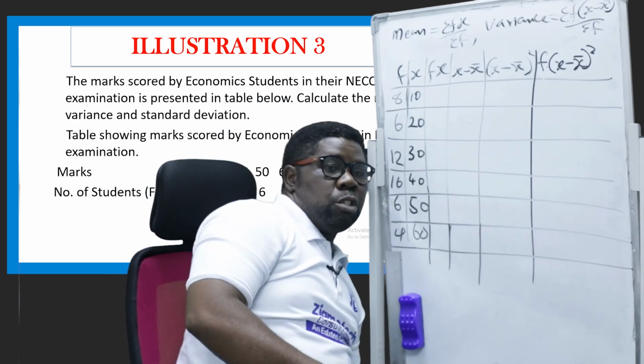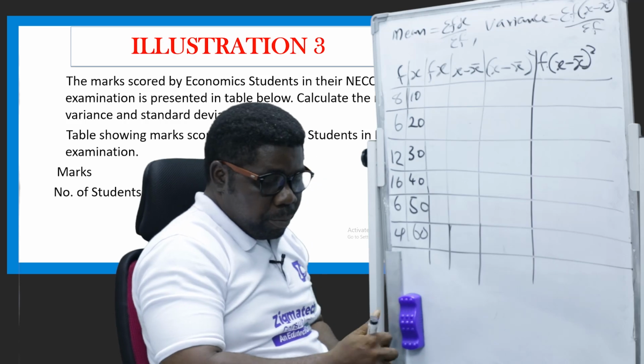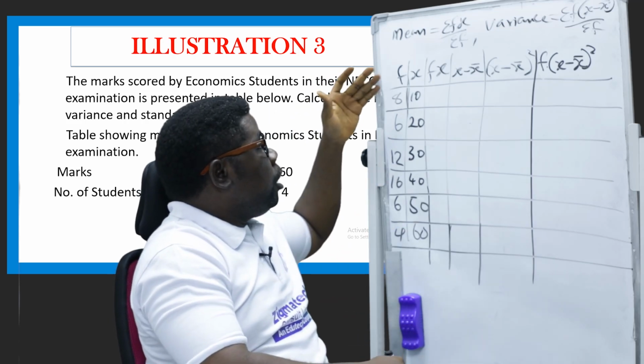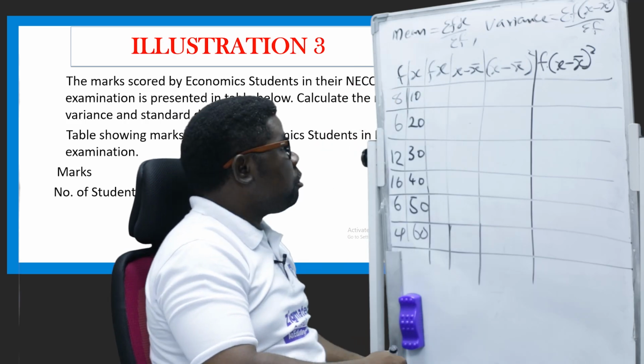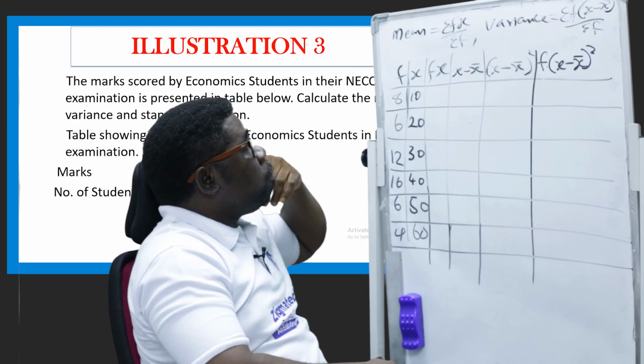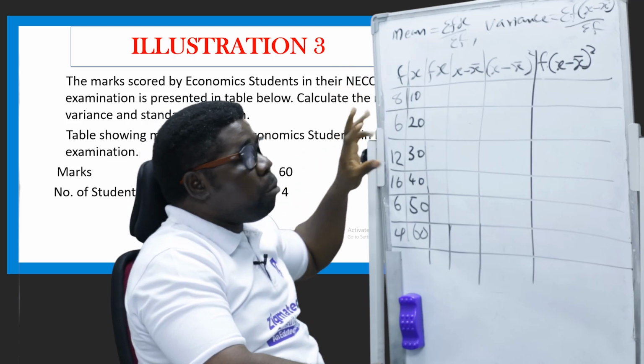Okay, so let's go. We are going to have our f multiplied by x value right now. Simple. So why do we do that? We want to make sure that every value is accounted for properly.